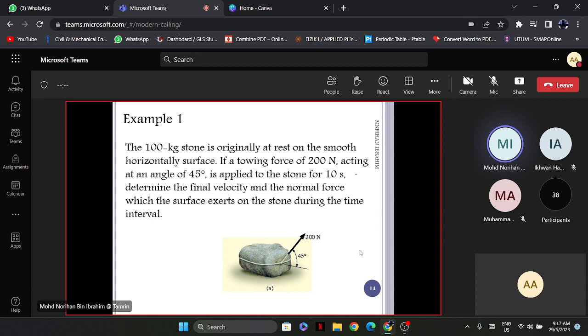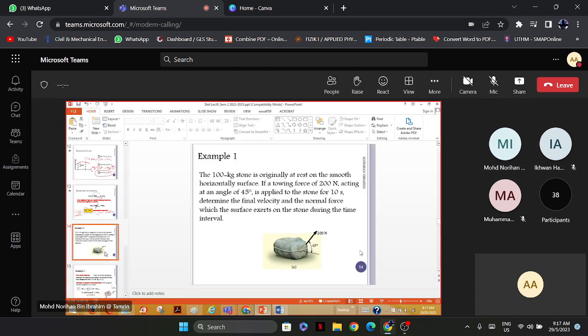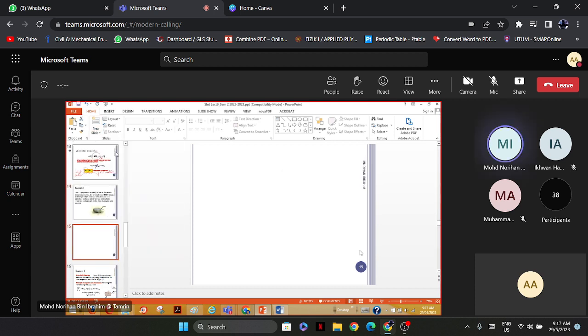So as usual, when we deal with this kind of problem, the initial step is of course you need to draw the free body diagram. Let me add a blank slide.